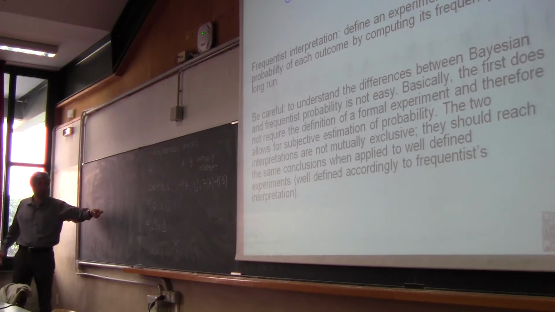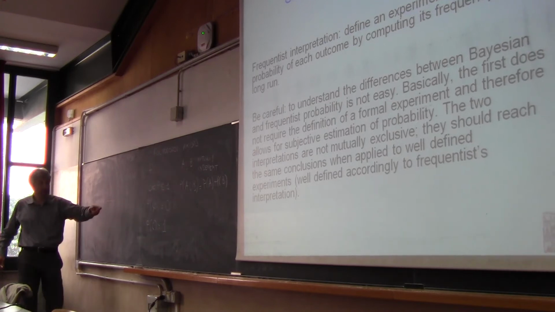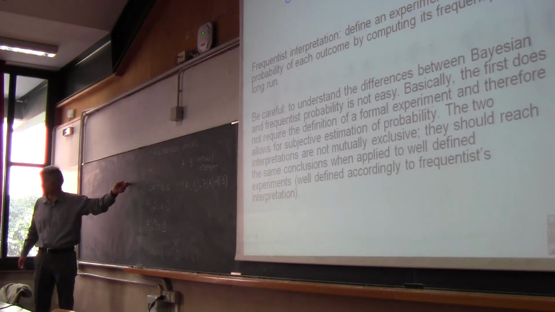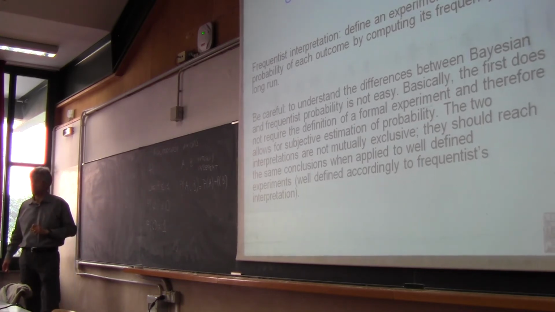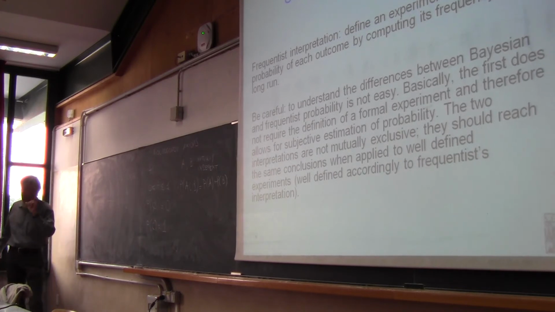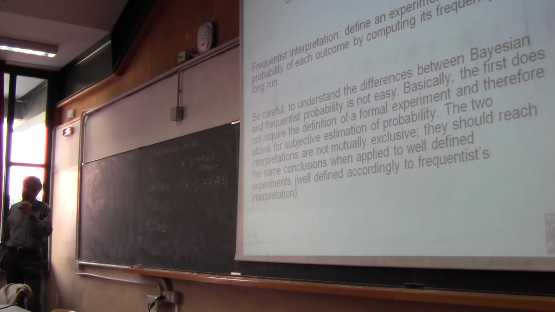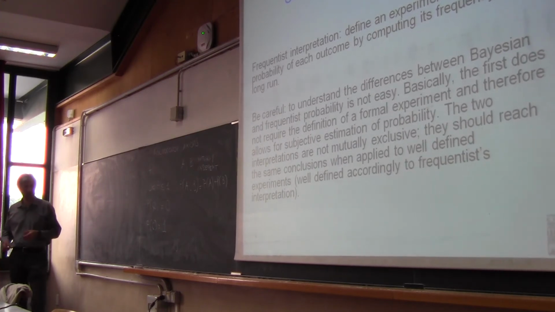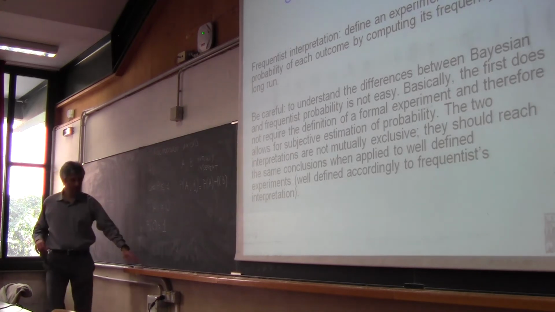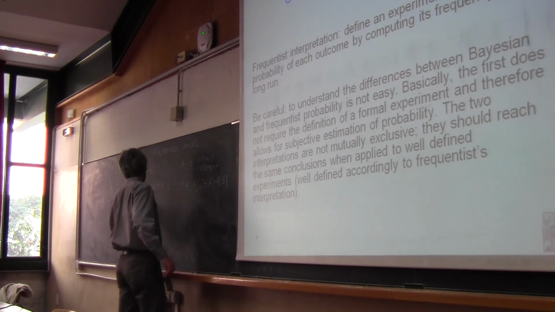You may perform 1,000 experiments, and you will get 0 times this value. But this doesn't mean that the probability of getting this value is 0. It's tending to 0, but it's not 0. So how can I define probability in this way? I need to elaborate an additional concept. So let me draw a straight line, the line of the real numbers.